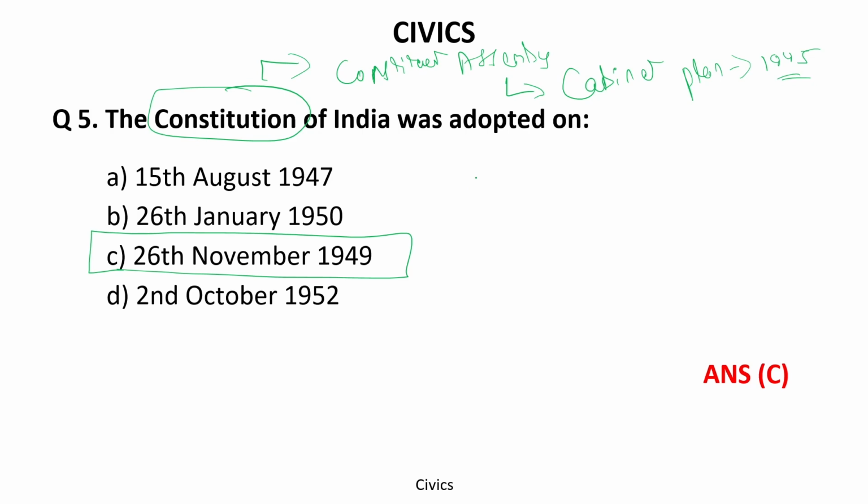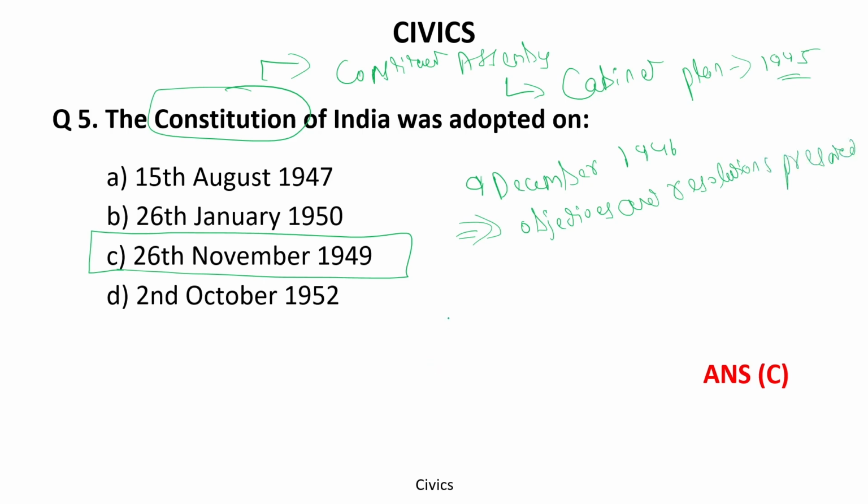The first meeting of the Constituent Assembly happened on 9 December 1946, in which objectives and resolutions were presented. It is the first time.